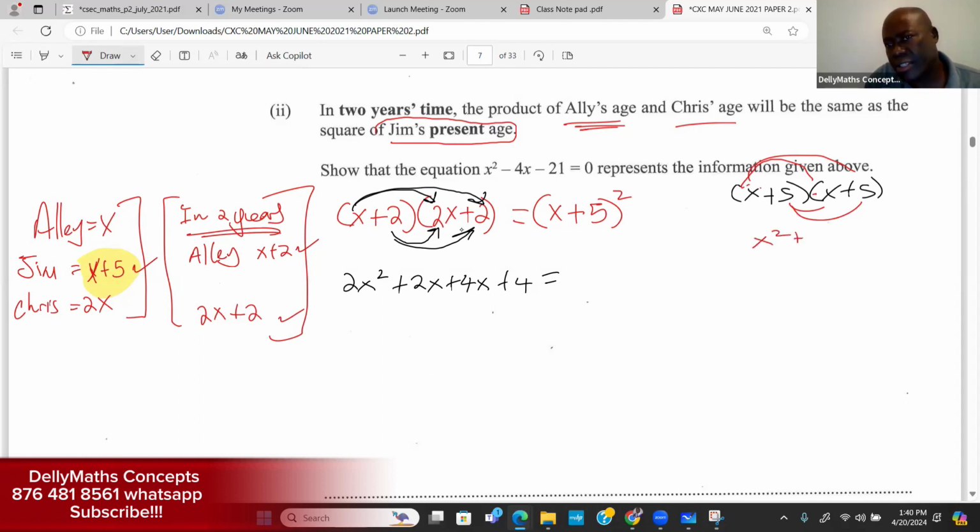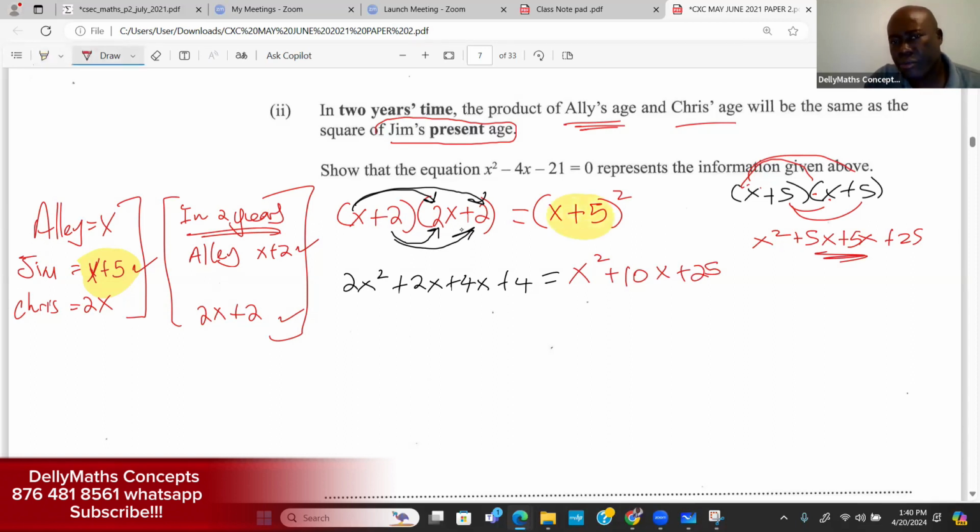X times 5 is going to give me 5X. 5 times X is going to give me 5X. 5 times 5 is going to give me 25. So I'm going to put this here: X squared plus, I'm going to add this up, that's 10X plus 25.